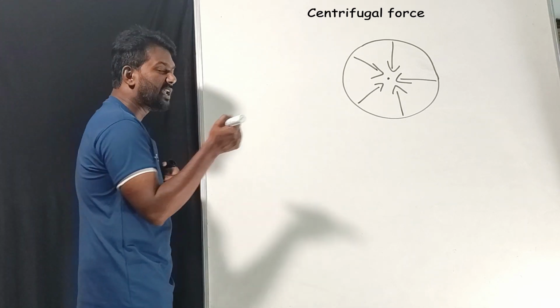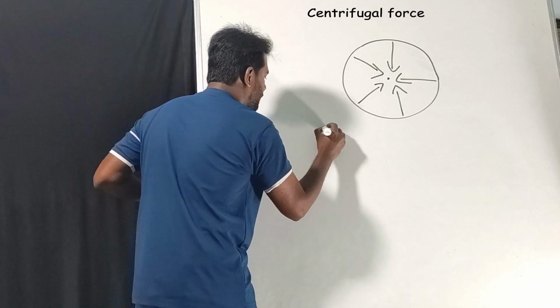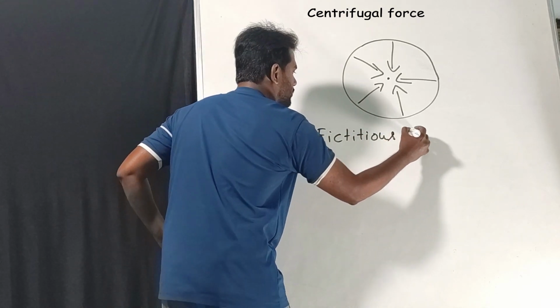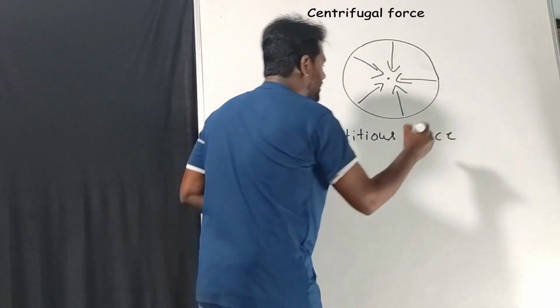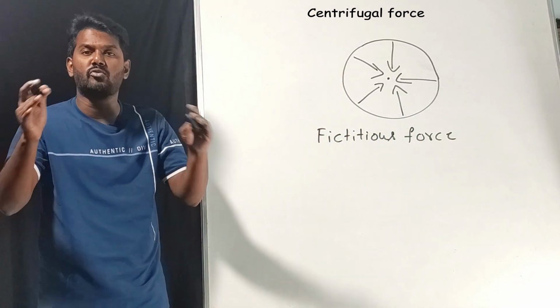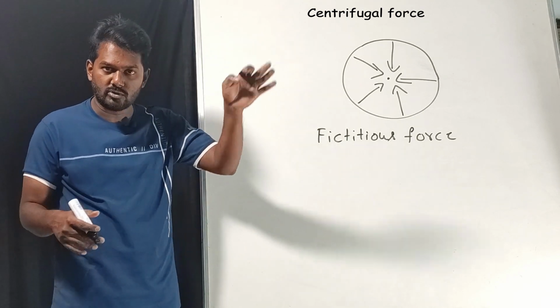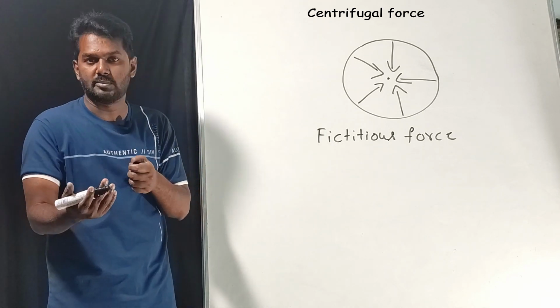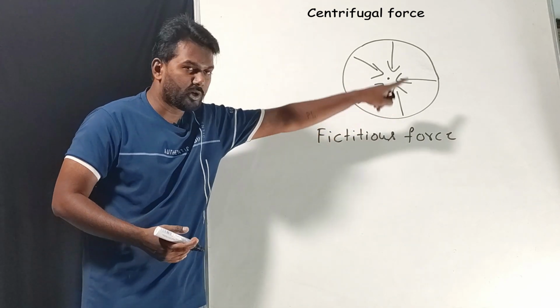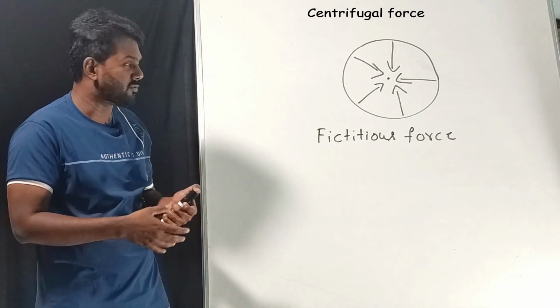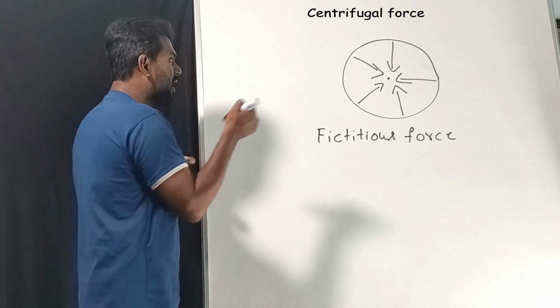That is why centrifugal force is called a fictitious force. Fictitious force means it is not a true force. It is a force assumed by the observer when an object is rotating in a circular path, and its direction will be away from the center.